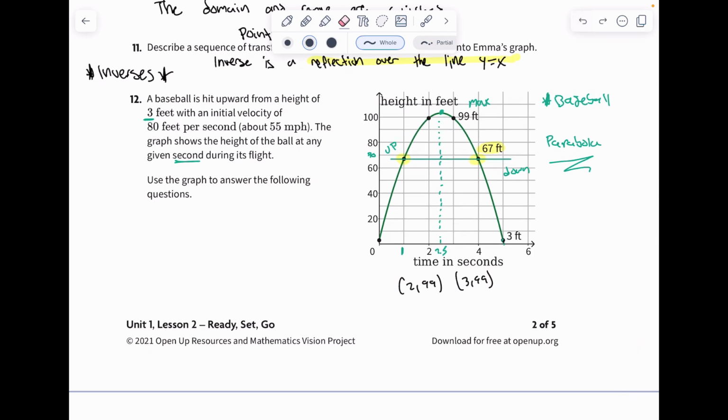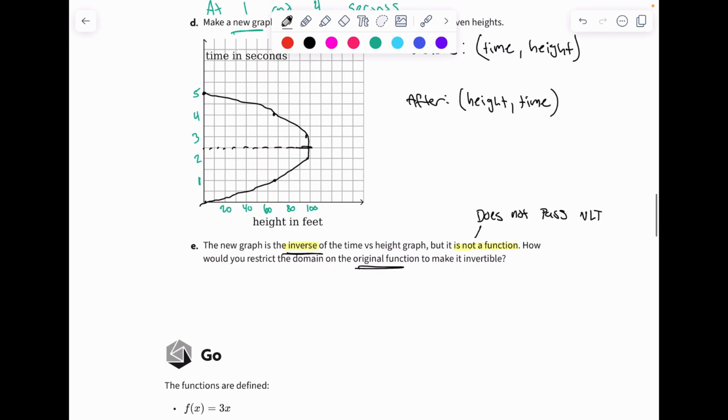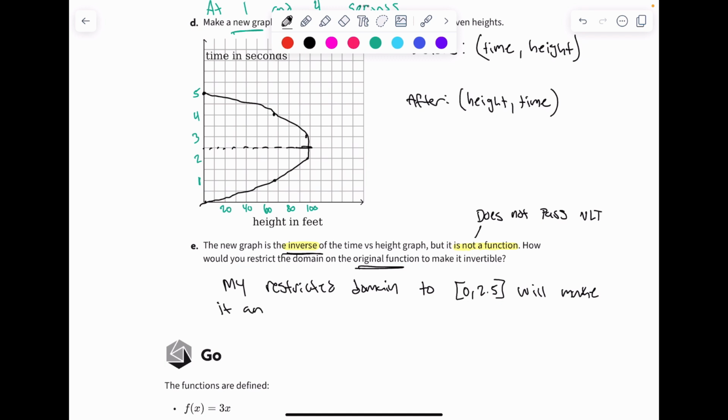Oops, I would cut it here. Okay, so very similar to it here, I would cut it there. So my restricted domain to 0, 2.5 will make it an inverse function.